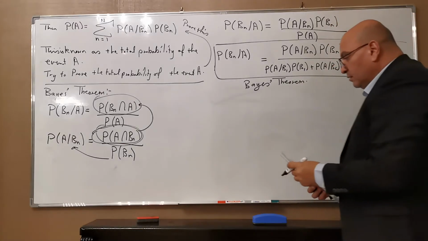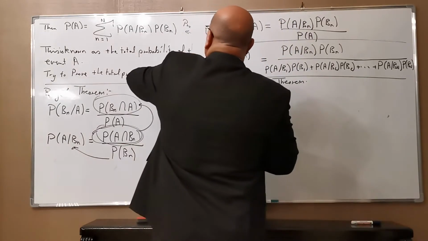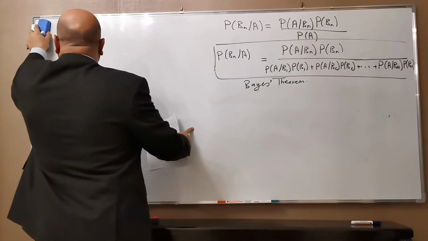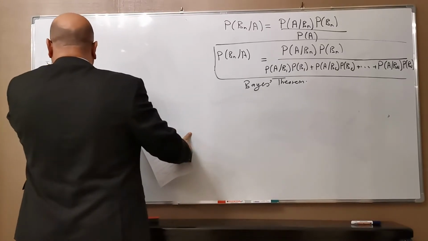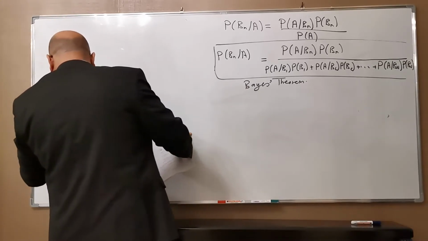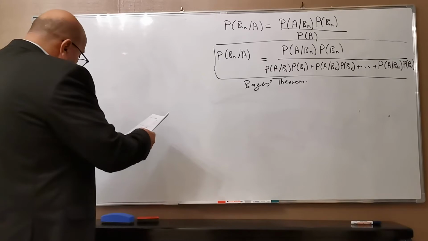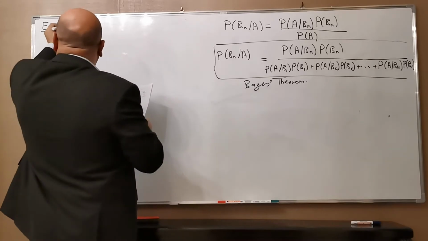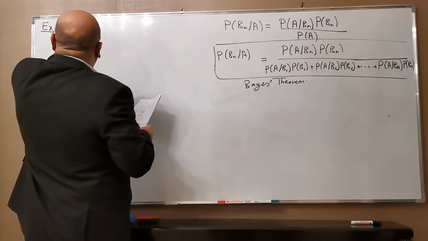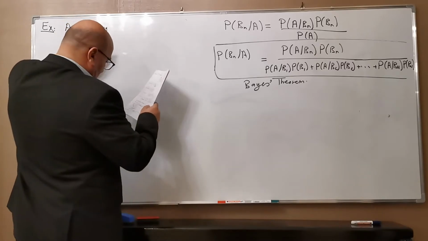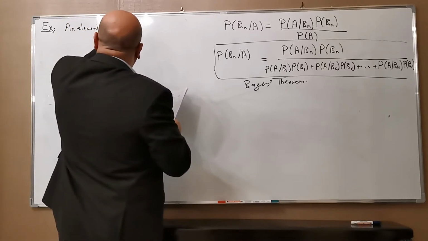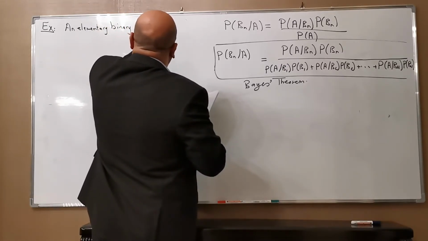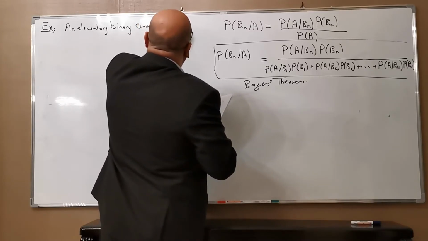I'm going to solve an example using this concept. Let's go to a very simple, elementary communication channel. We have a transmitter, we have a receiver, and we see what will happen. So we take an example. In this example, we have an elementary binary communication system.